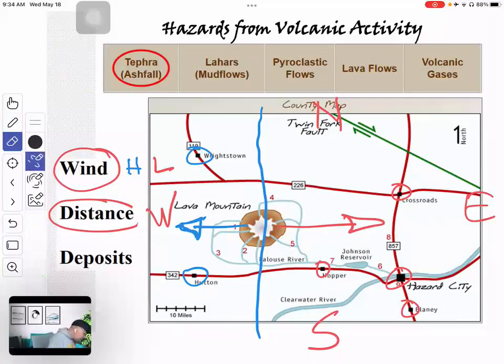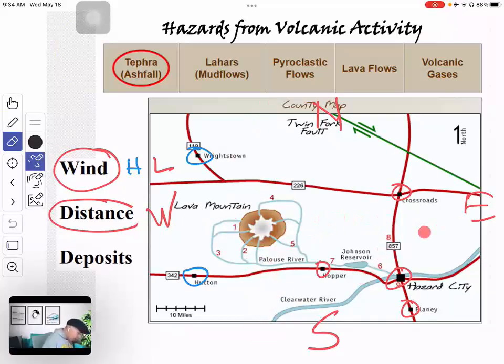Then we're going to look at the distance. How far can the ash travel? You got that information from page 5. And you know that ash can travel hundreds to thousands of kilometers from the volcano.